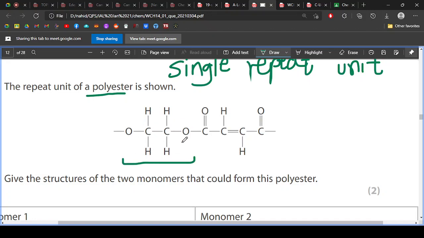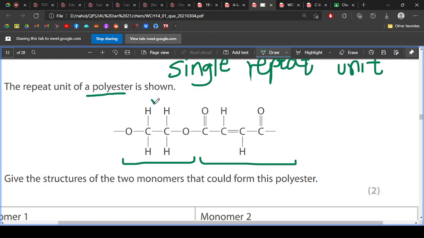This is a single monomer, and this is another monomer. So there are two different monomers. Yes, for polyesters, usually we use two different monomers. Remember we talked about diols and dicarboxylic acids. So these are the monomers here also.